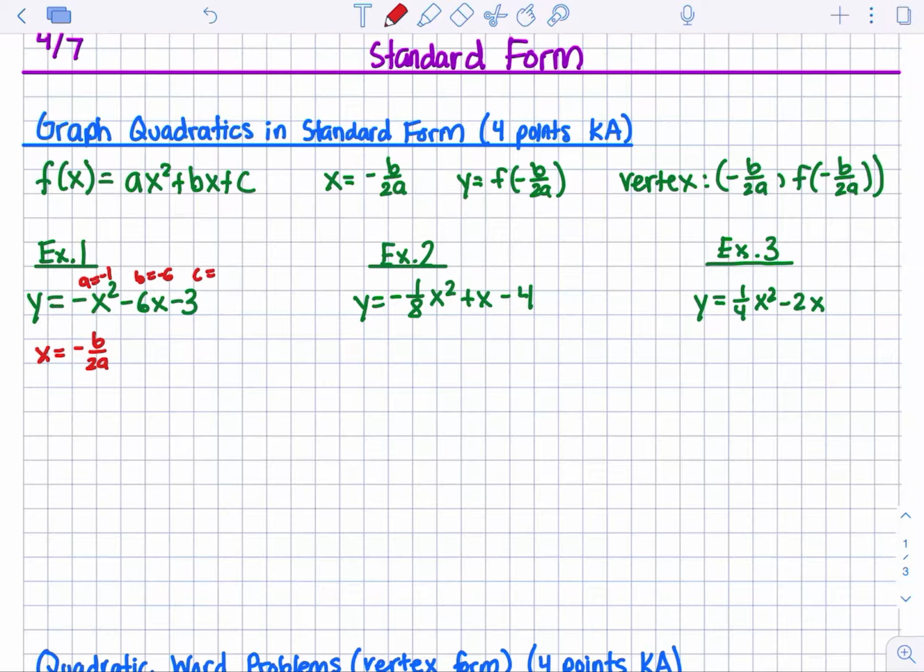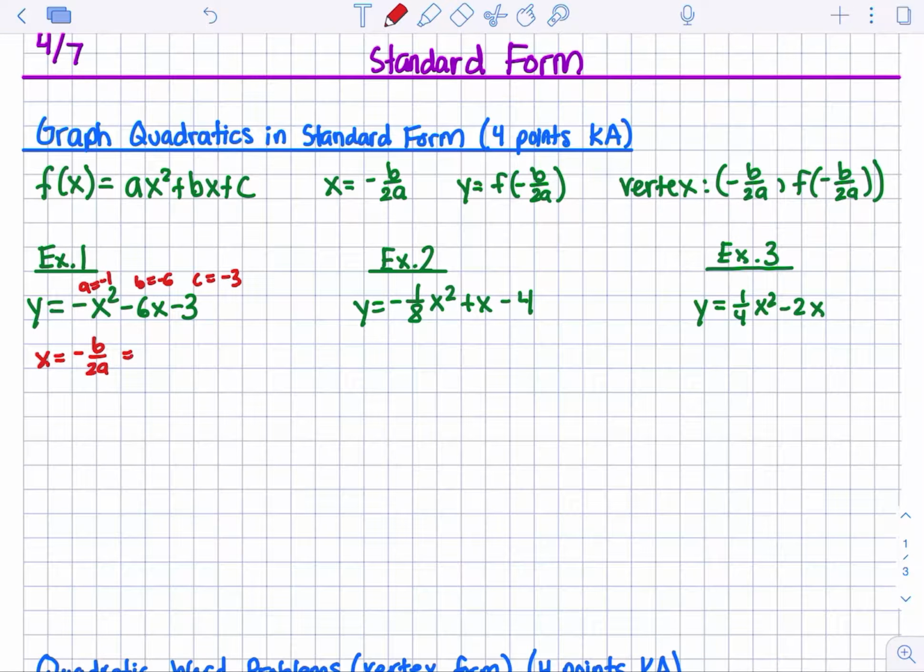And here's your c value, which is negative 3. So when we do negative b over 2a, negative of negative 6 all over 2 times our a, which is negative 1. Negative times negative 6 is 6. 2 times negative 1 is negative 2. And this is going to give us negative 3.